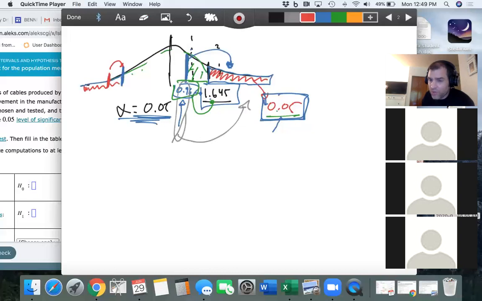So be careful with making a blanket statement about being less than or greater than. You just look to see, are you in the region of rejection or not? I always draw the distribution because without it there are too many places to make a mistake. I just need to see it.